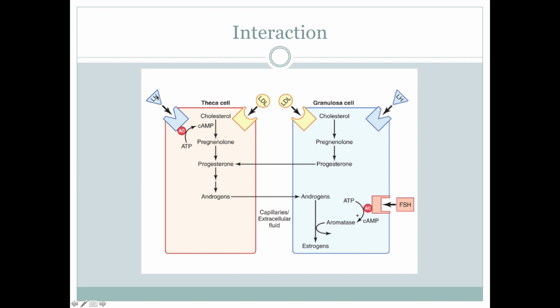This is another schematic showing you the way that these cells work together. We have the granulosa cells, we have the thecal cells, we've got our LDL receptors on there, we've got the granulosa cells modifying cholesterol into progesterone, same thing with the thecal cells. And androgens are created, and with the help of FSH binding, we get the final creation of estrogen.